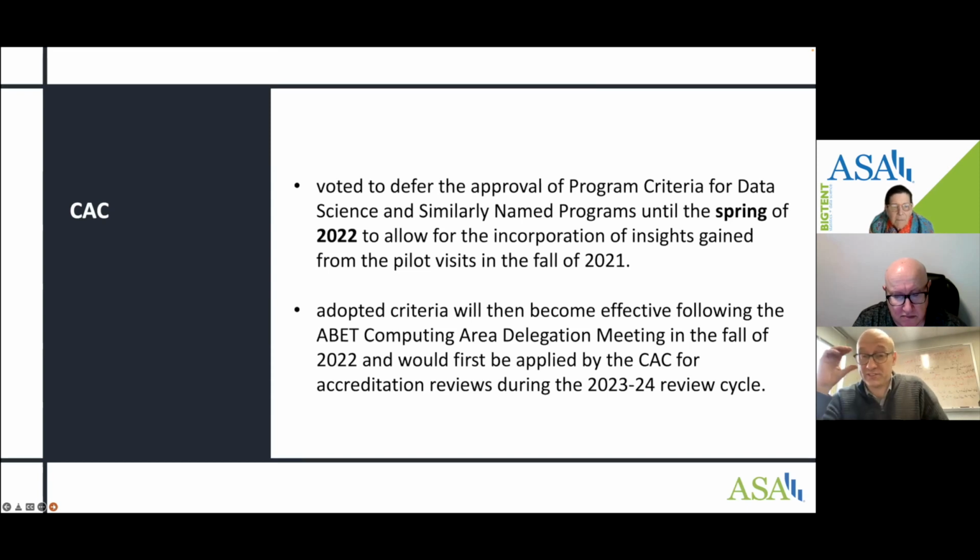And as you can see on the slides, 2023-24 is now an updated timeline for the first year that these criteria will be actually used in the official accreditation process. Okay, Donna.